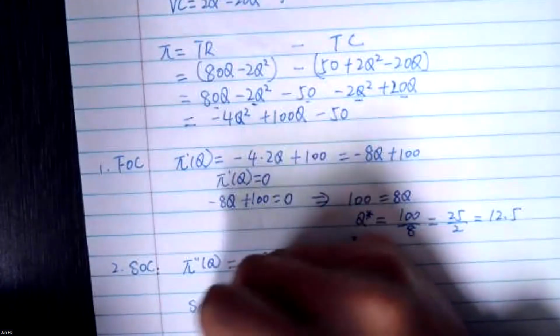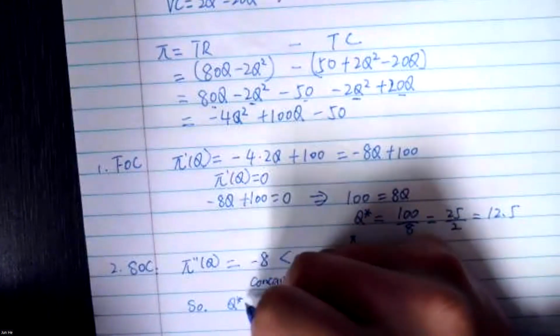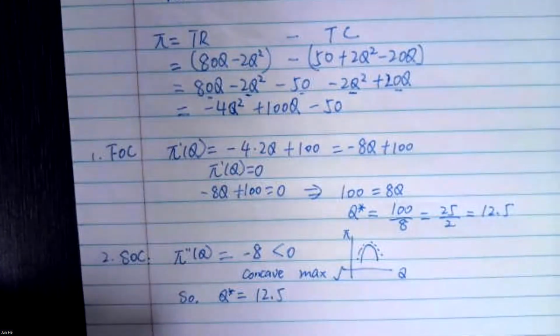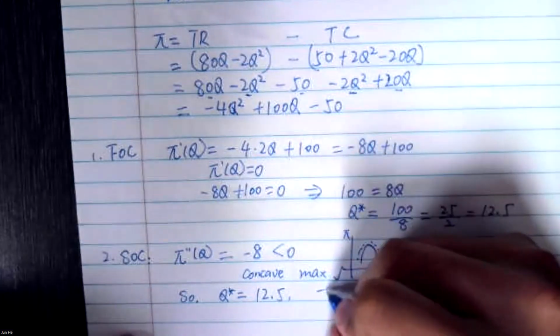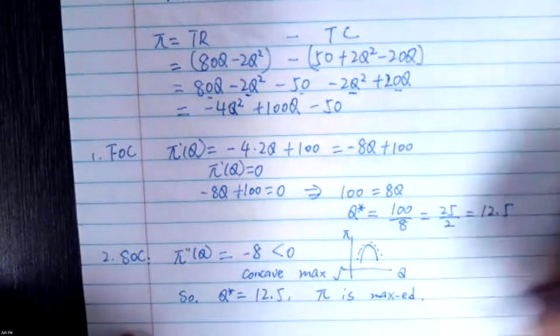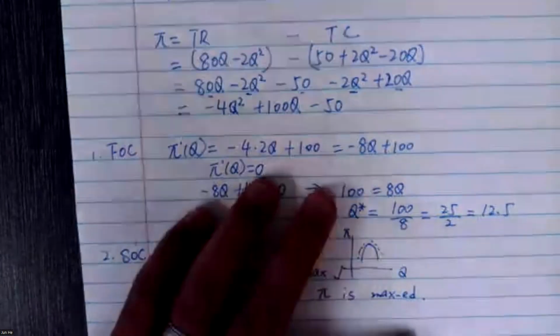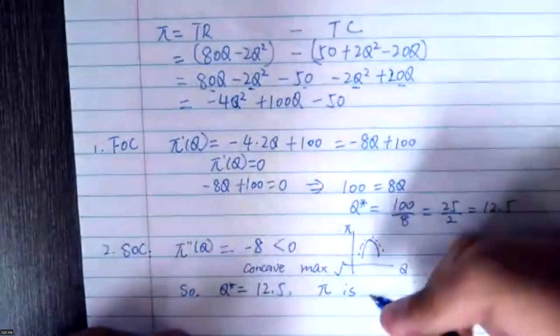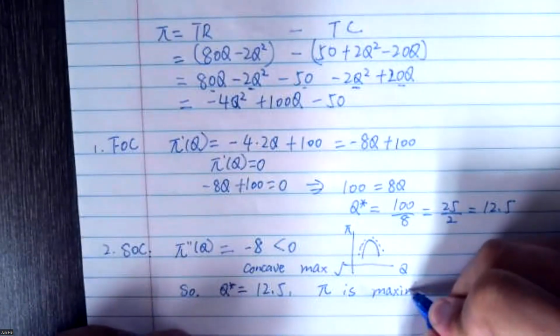Check. So when Q equals 12.5, it could be million units, right? Profit is maximized. Put it officially: maximized.